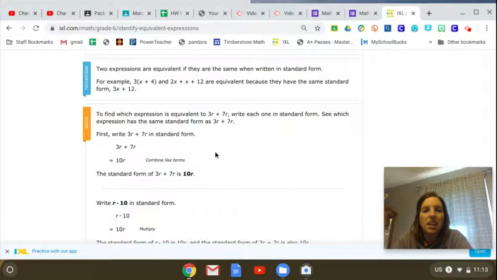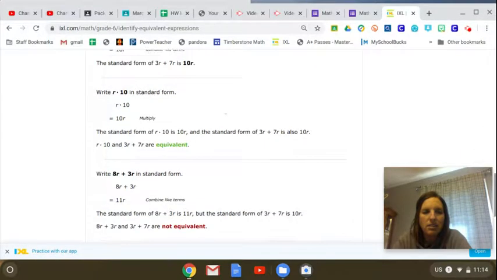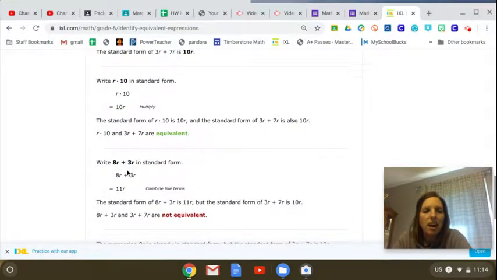Okay, so if I take a look now, I have 3r plus 7r would be 10r, which is what I was thinking. And they're saying that the answer should have been 8r plus 3r, which would be 11r.